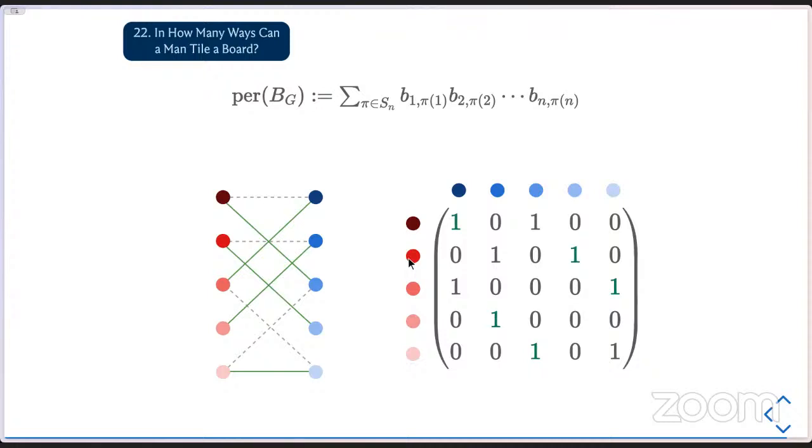Let's see if I have this right, because to be honest, I didn't fully think this through. I just computed the determinant of this matrix and it turned out to be 2. But let's see, we have 2 going to 4 and 4 going to 2. So that's 1 transposition. And we have 3 going to 5 and 5 going to 3. So that's another transposition. So that's the story for this matching.